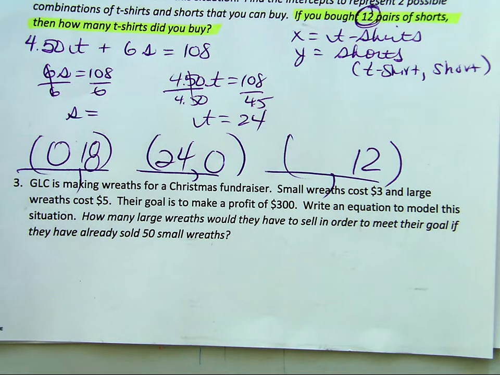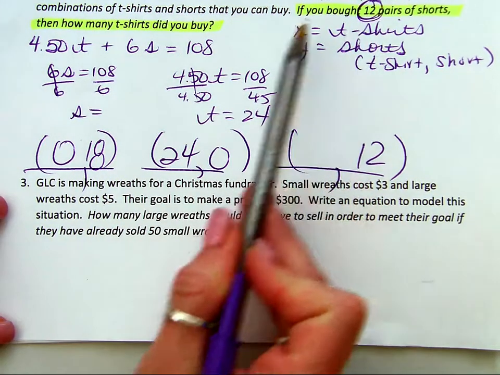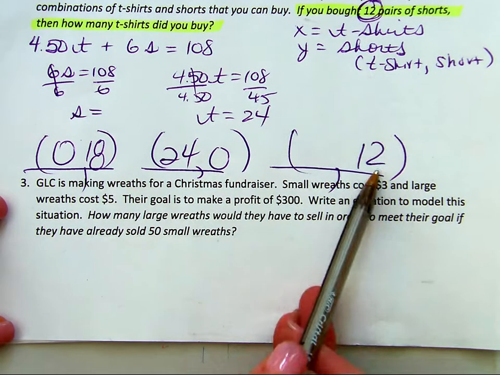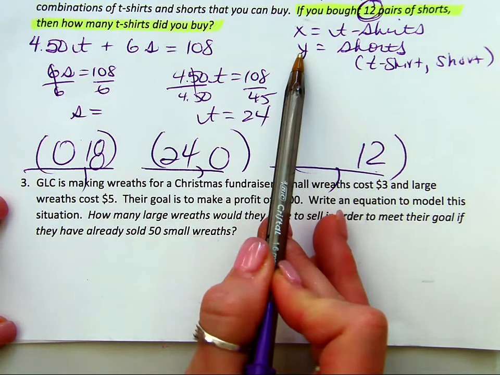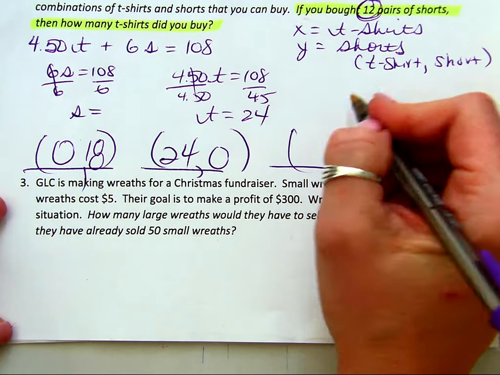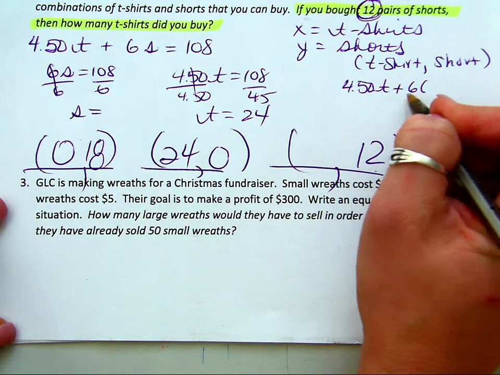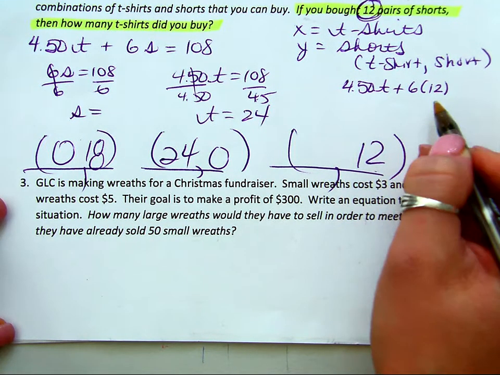But I want a well-rounded wardrobe. I want 12 pairs of shorts. Where do I put 12? In for the Y, so it goes here. And part 3 is 4.5T plus $6 times 12 pair.